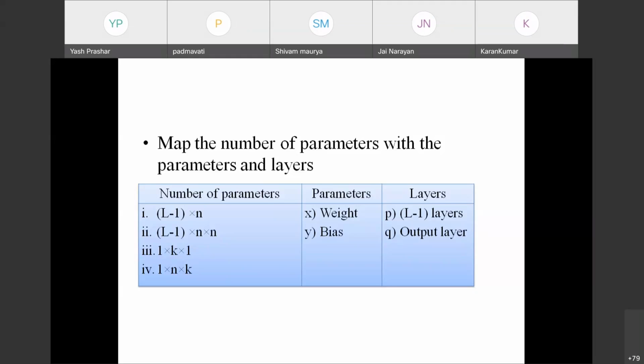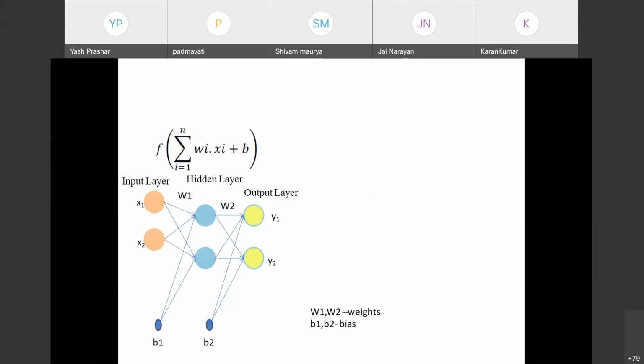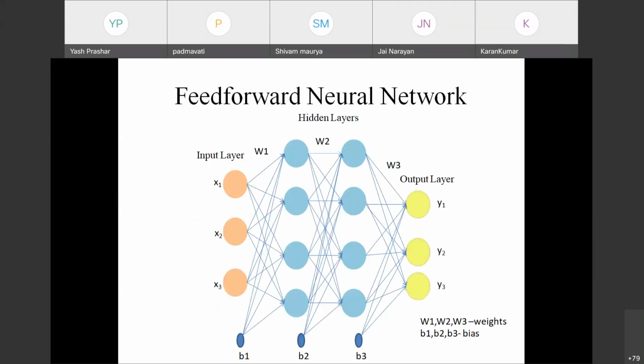Okay. Why are we representing the equation in the form of a matrix? Because you need to understand that the input layer is a vector.